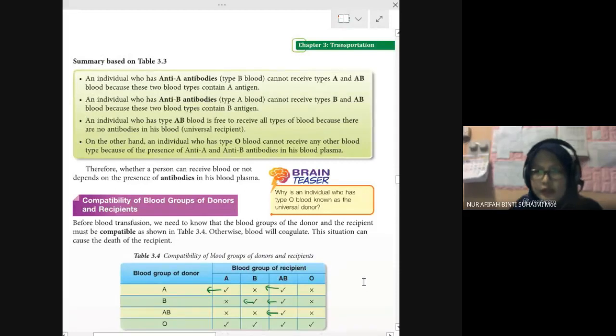This one, donation lah. Donation. An individual who has anti-A antibodies, which means blood group B, cannot receive types A and AB blood because these two blood types contain A antigen. Okay.